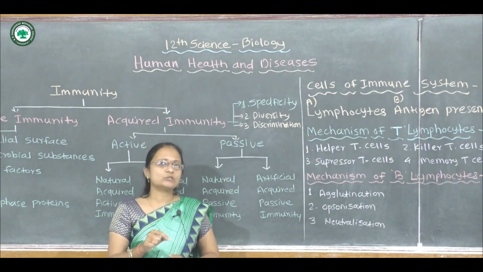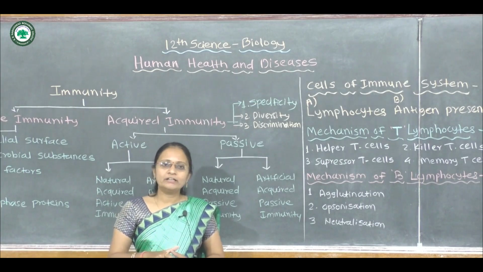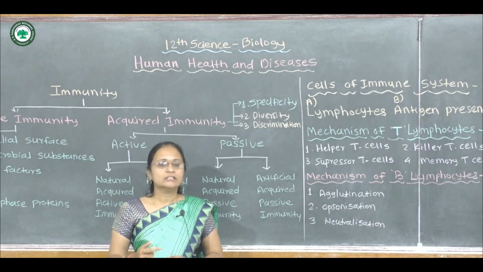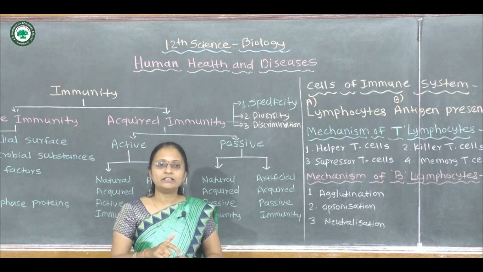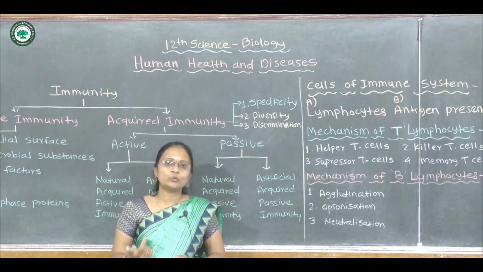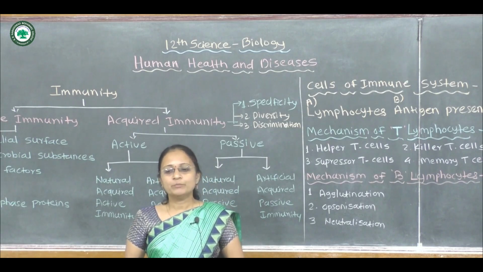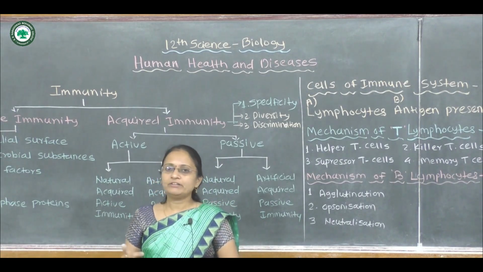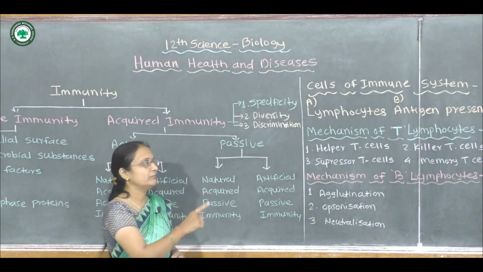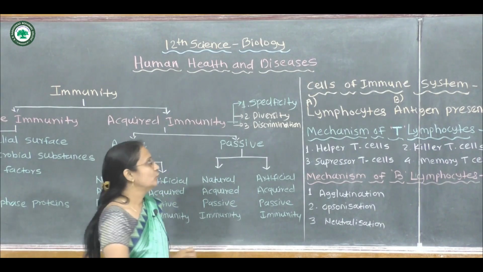This WBC has the capacity to identify our cells, and if any foreign particle enters, immediately they start working, and the phagocytic role takes place because of the identification, or discrimination, between self and non-self.